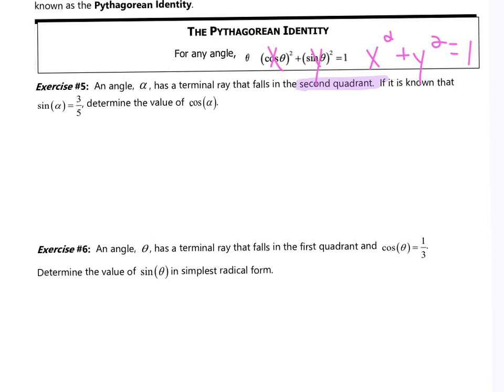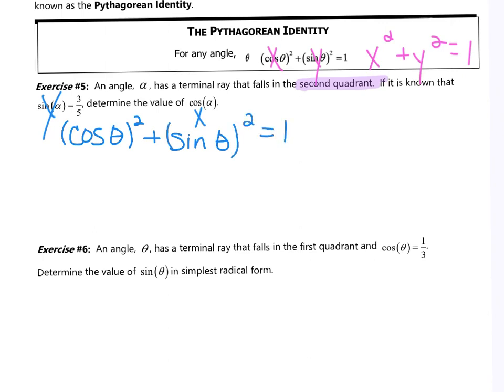All right, so we know that the sine is 3/5, which means we know that y equals 3/5. They want us to find the cosine, or x, really, and we know that it's equal to 1. So I'm going to write it out using the identity formula given. So I have cosine of theta squared plus the sine of theta squared equals 1.